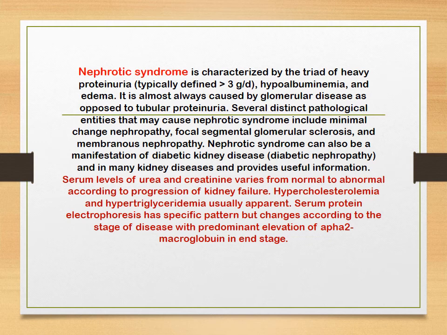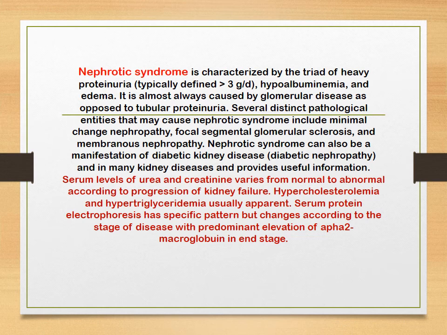There is a specific pattern of electrophoresis in which there is a decrease of albumin and other protein bands. However, in the end stage of nephrotic syndrome, the only pathognomonic indication is the elevation of alpha-2 macroglobulin. Why? Because of its large molecular weight compared with the others.